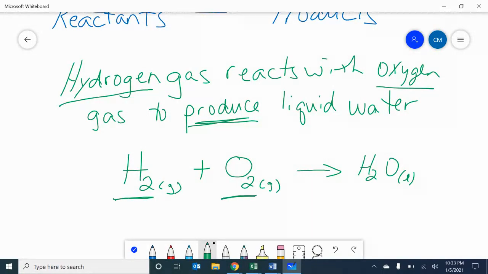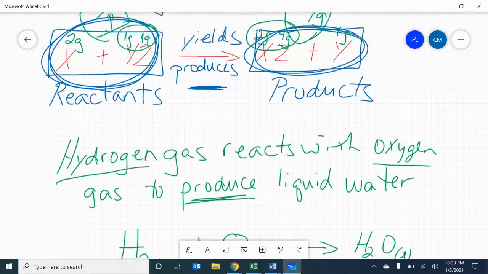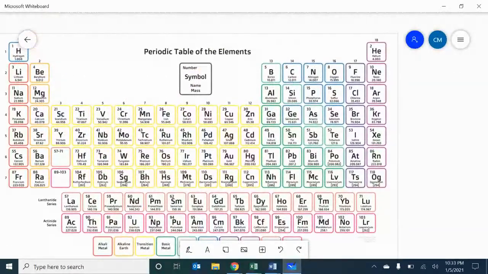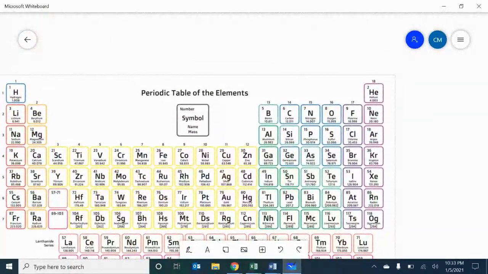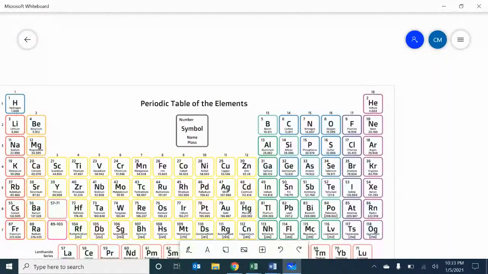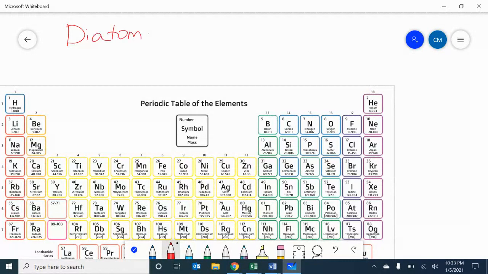It means O2. Okay, so I'm going to go back up here to the periodic table, and there are something known as diatomic molecules. Okay, diatomic molecules. Di meaning two, right?